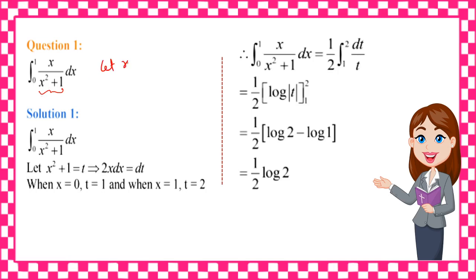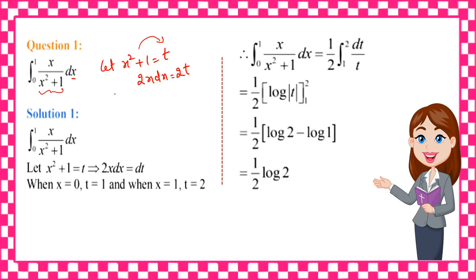If we assume x square plus 1 as t, so what is the derivative? 2x dx is equal to dt. But students, here we have to integrate with respect to x, and limits are also given as per x. If we are changing the variable from x to t, then definitely we are converting the function from x to t.